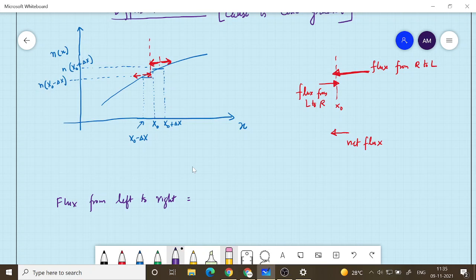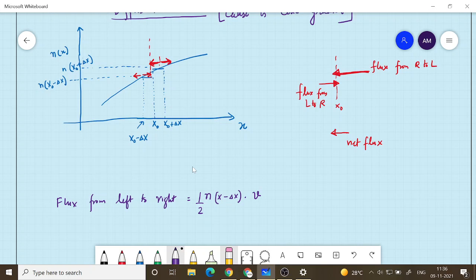It is the concentration at x minus delta x, and half of this concentration will move to the right, and the number that is crossing will depend upon the velocity.